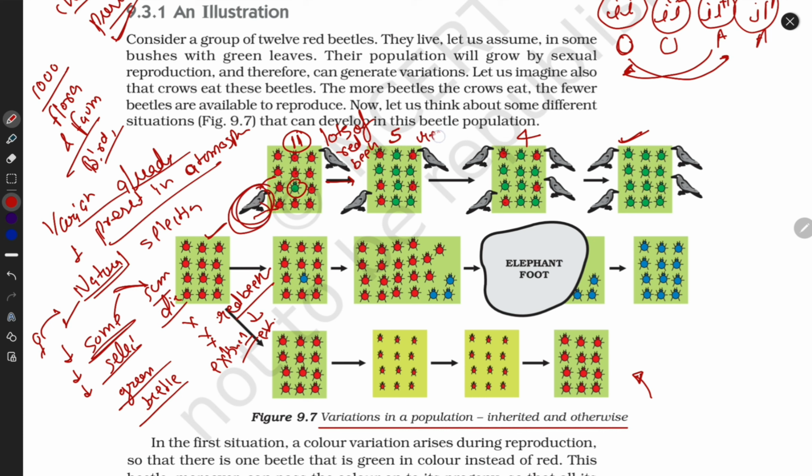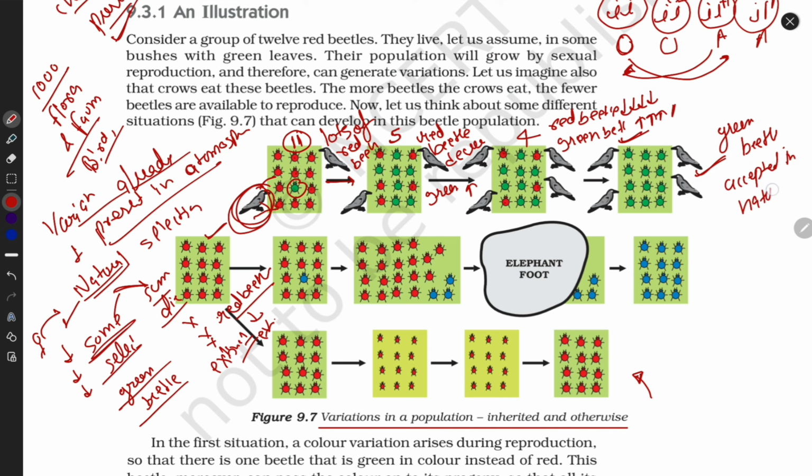Then red beetles decrease in number and green increase in number. Further continued feeding on red beetles means again red beetles decrease and green beetles increase. And at the last stage, green beetles are accepted in nature and red disappear.